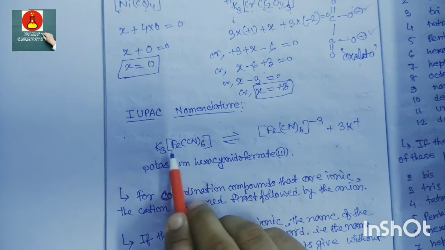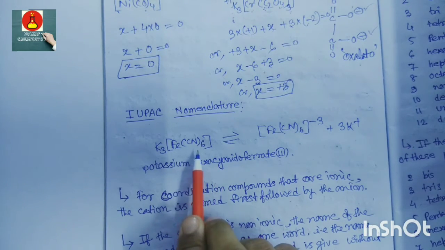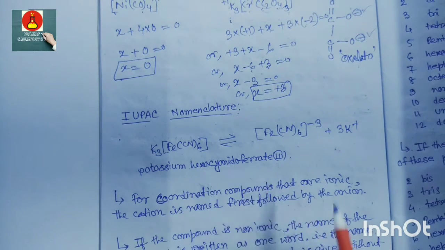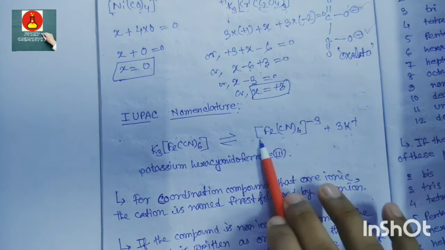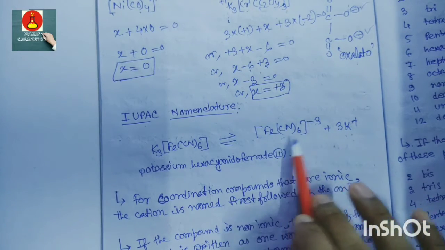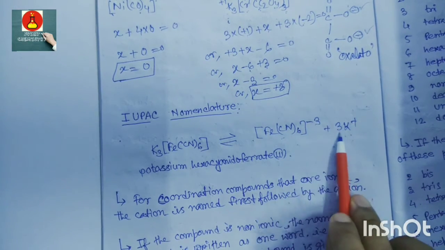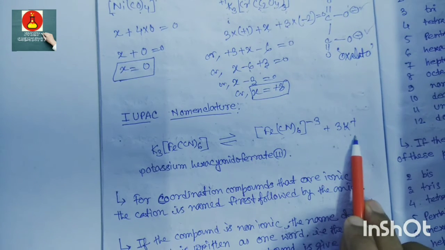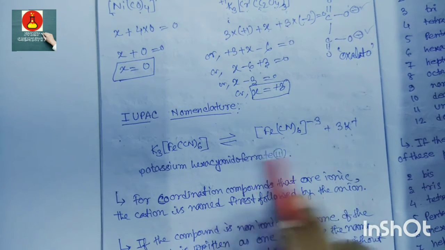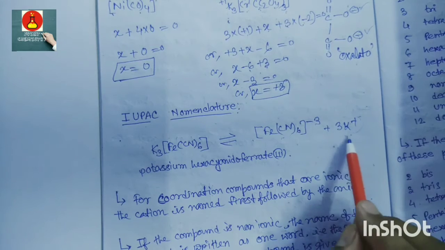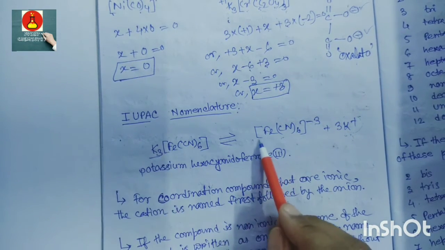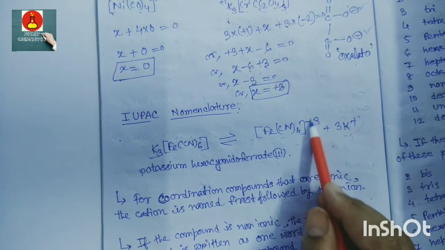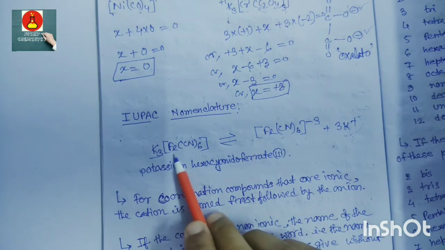So in the polar solvent it breaks into these ions, where this is a complex ion, [Fe(CN)6] 3 minus, which is the negative part.